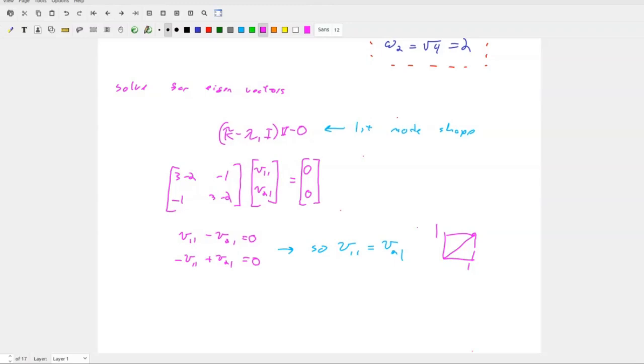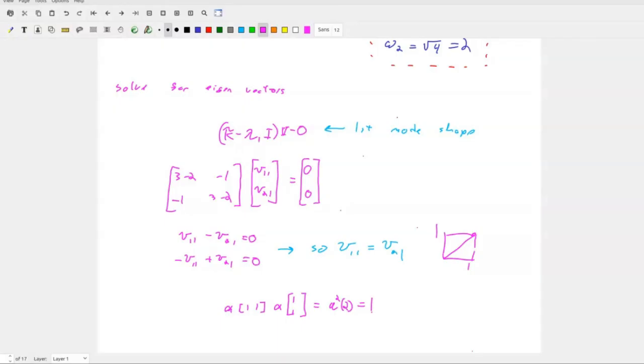So trying to find our alpha value for the normalization, alpha of 1, 1 is equal to alpha squared of 2, which is equal to 1.